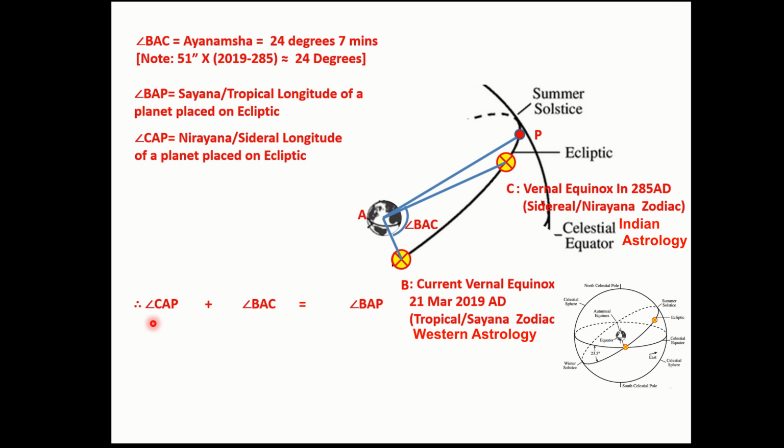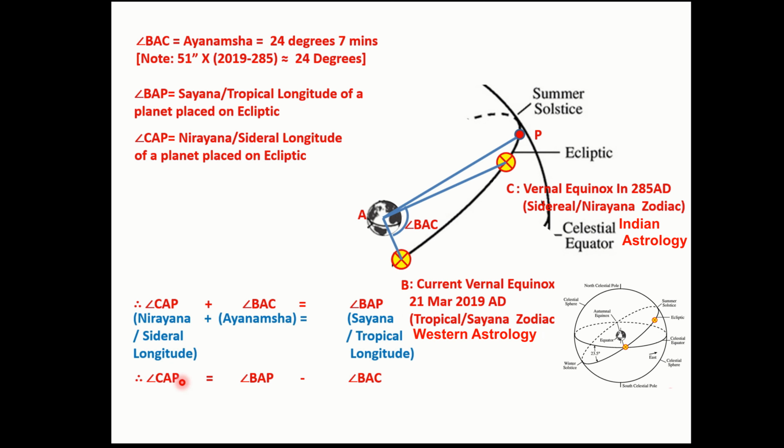So therefore angle CAP plus angle BAC is equal to angle BAP. So this is simple mathematics. So the Nirayana longitude or the sidereal longitude plus the Ayanamsha is equal to the Sayana or the tropical longitude.